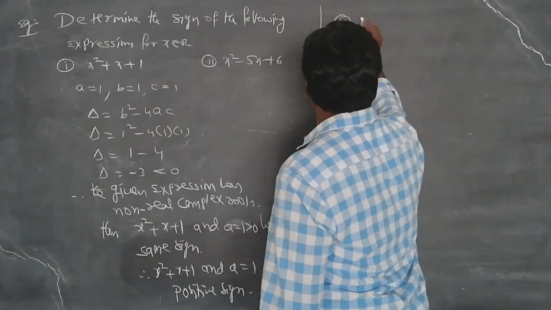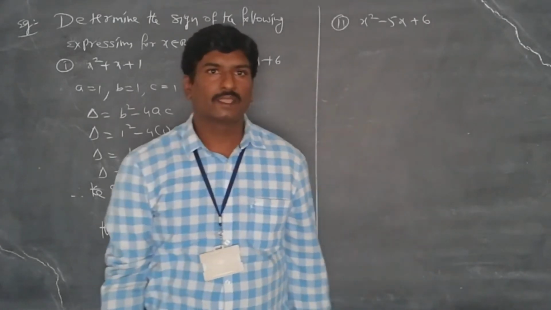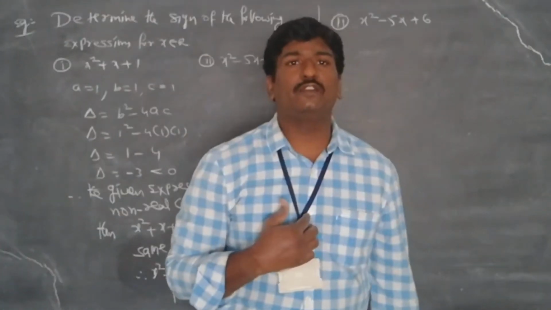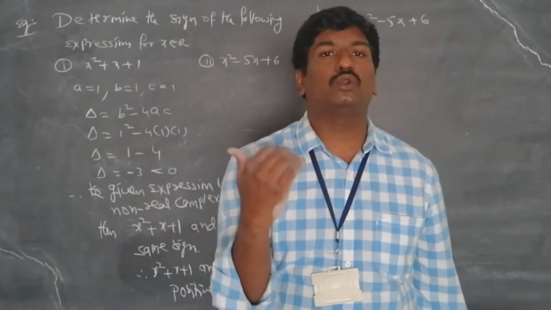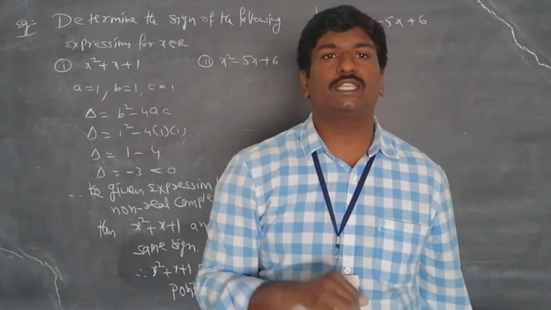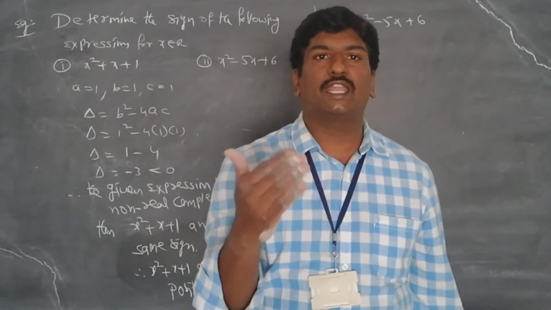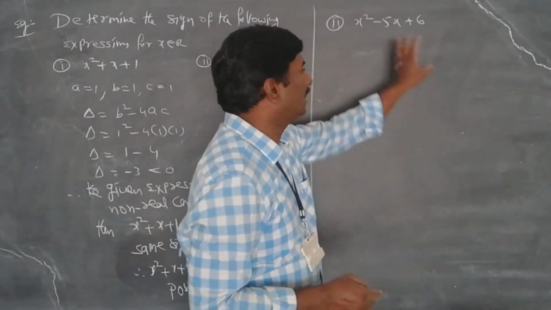Second question: x square minus 5x plus 6. So first I have to identify whether the given expression has real roots, non-real roots or equal roots. By that condition only you can say whether they have positive sign, negative sign or opposite sign. So for that I am finding its discriminant.